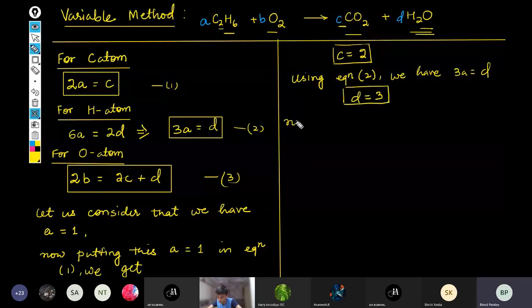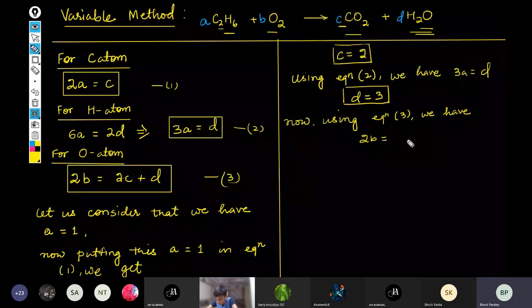Yes, sir. Now, using equation 3, we have 2B is equal to 2C plus D. So C is how much, children? C, we have calculated as 2.